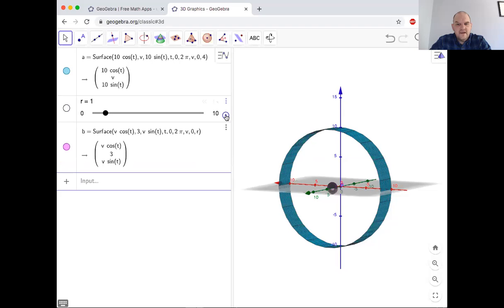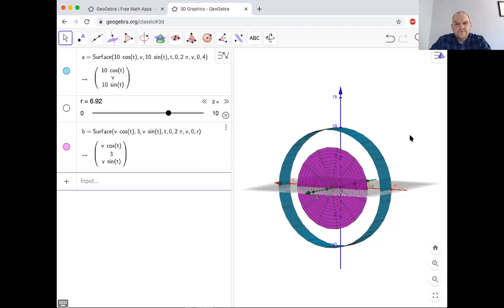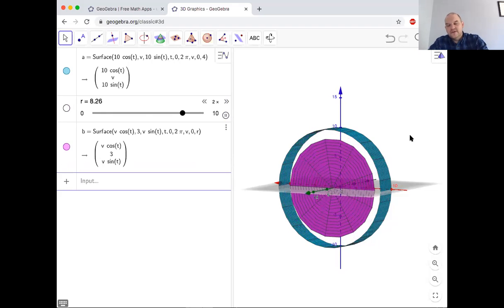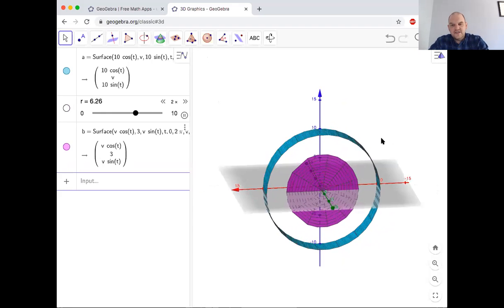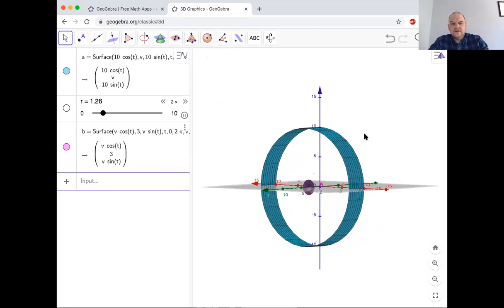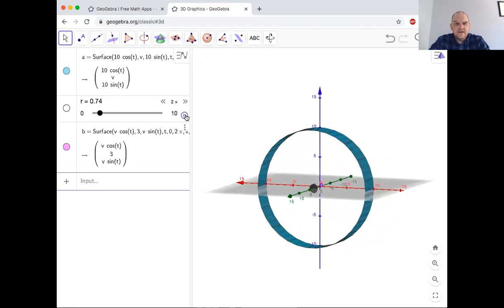And then let's animate it. It's a little slow. There you go. So you can watch it fill in the space, but it'll never go more than the cylinder because I stopped it at 10. It kind of looks weird, like a spider web kind of thing. All right, so I'm going to stop that.